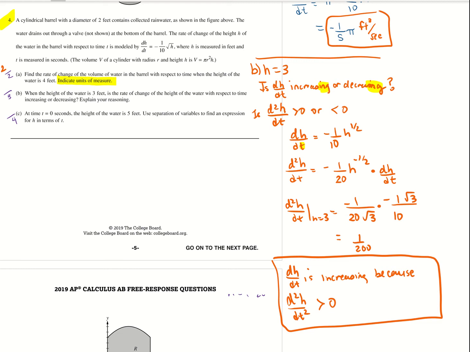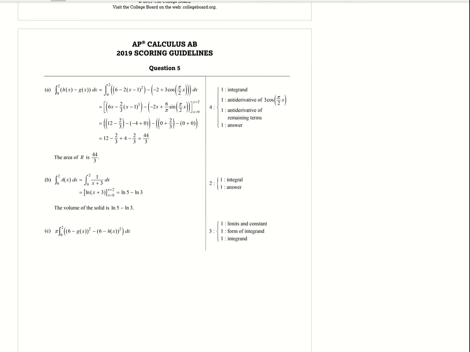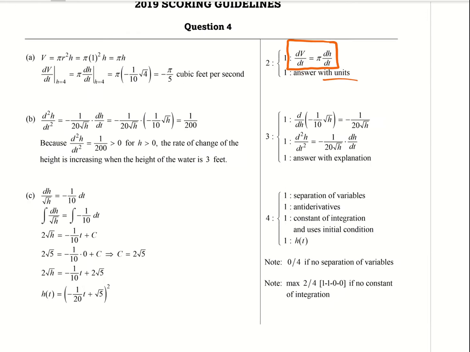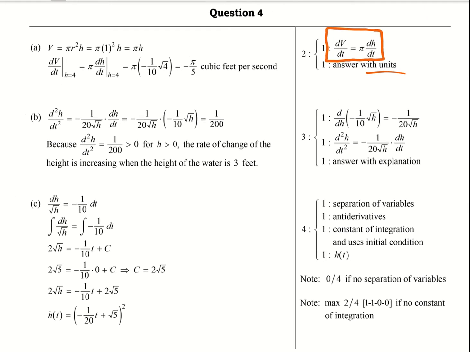All right, let's take a look at the scoring guideline to see how we did on this one. Oops. All right. So the first point is going to come from knowing that we need to take the second derivative. And notice this isn't the entire second derivative.